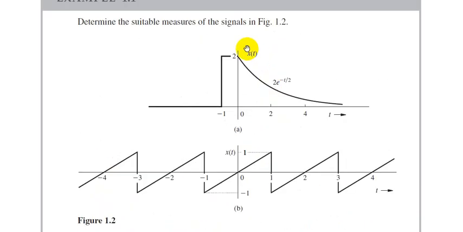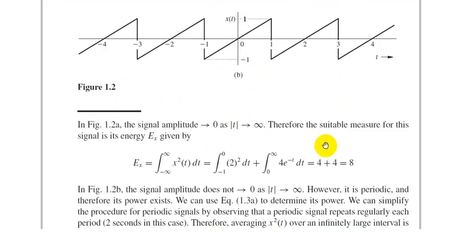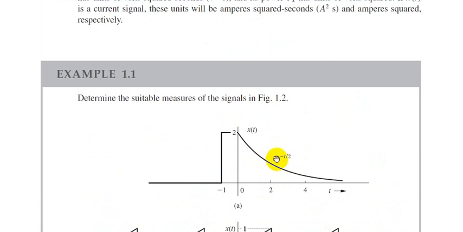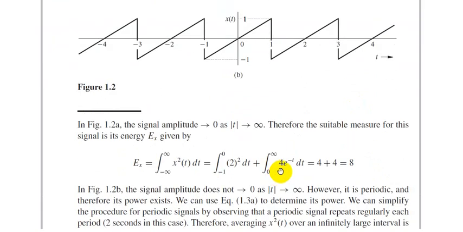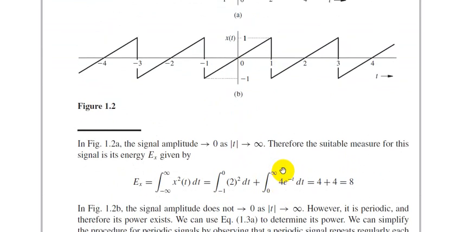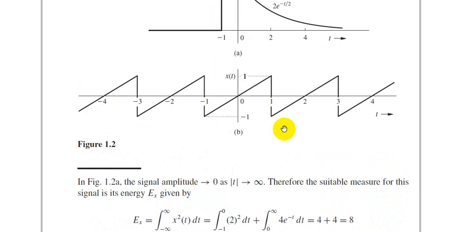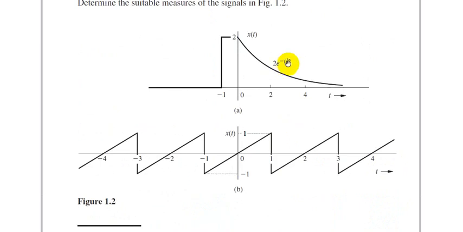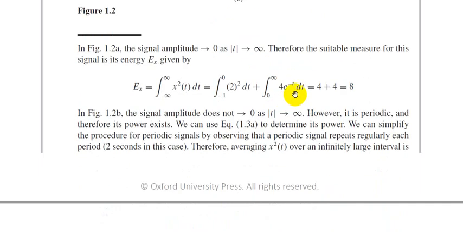Here the limit is t equals 0 to infinity, of 2e to the power minus t by 2 whole square, which will appear as 4e to the power minus t, because 2 square is 4, and e to the power minus t by 2 whole square will become e to the power minus t.